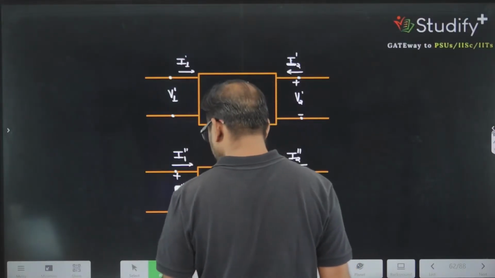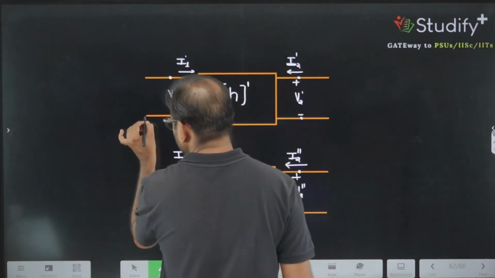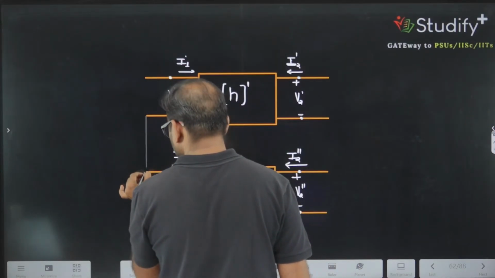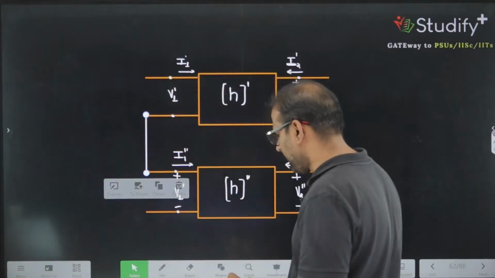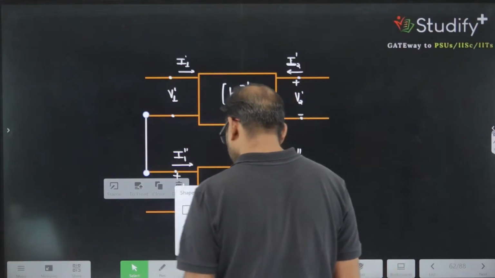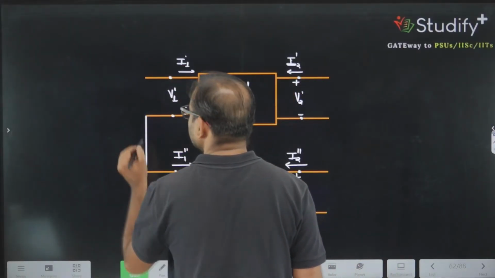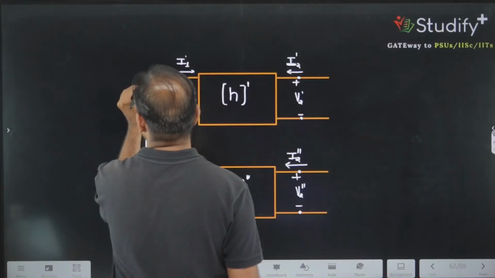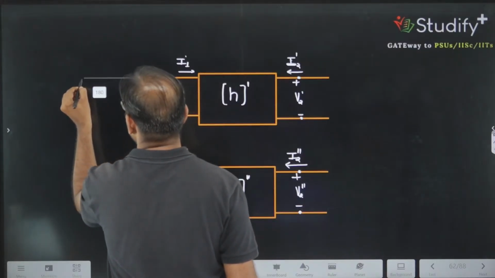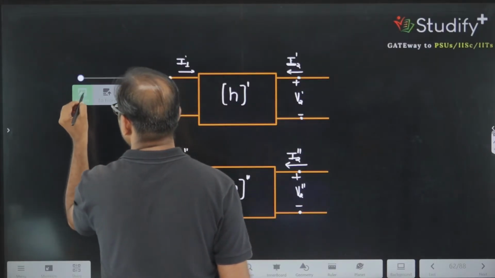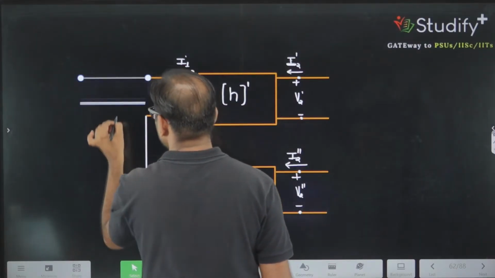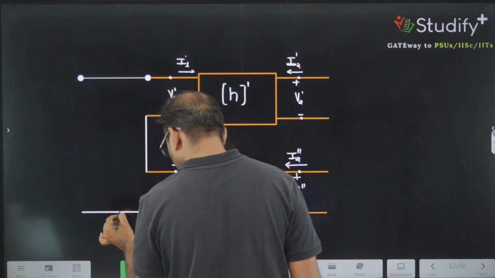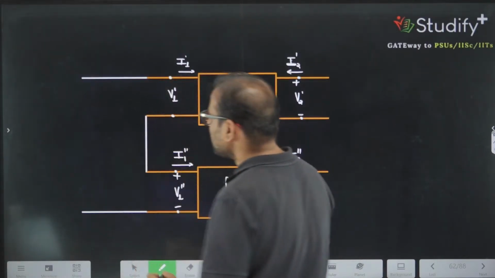It's very simple. Just connect this by an external connection, I am using the white pen here. And this is the series connection.